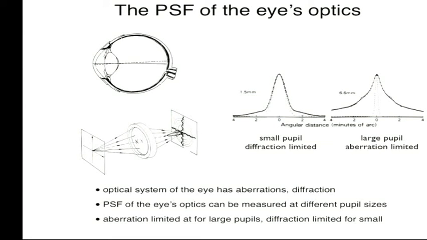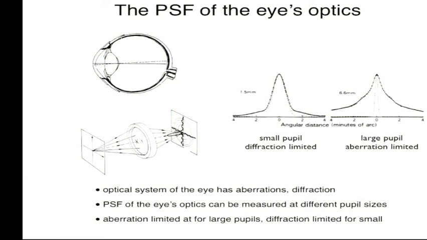The contrast is at nighttime. At nighttime, the pupil has to open way up to allow a lot of light in. When the pupil opens up, more light is coming through the lens, but the lens itself has aberrations, so you get scattering of light because of the aberrations in the lens.